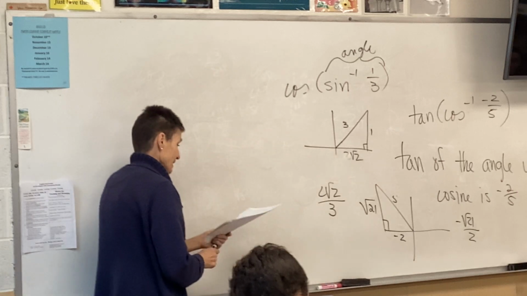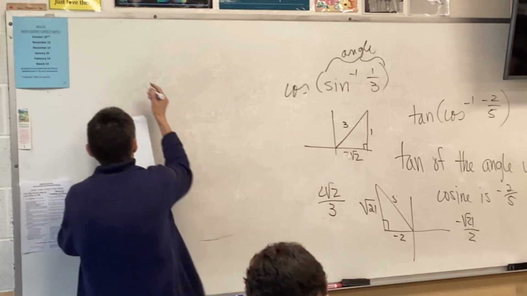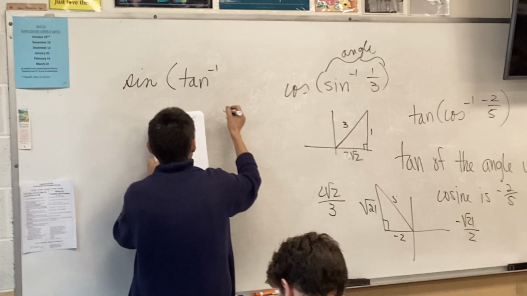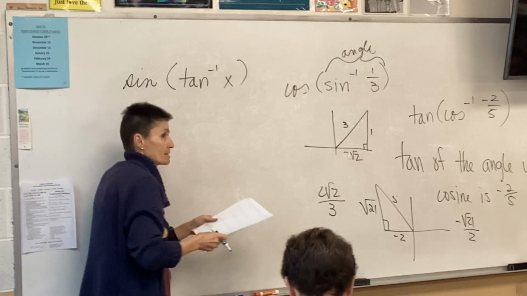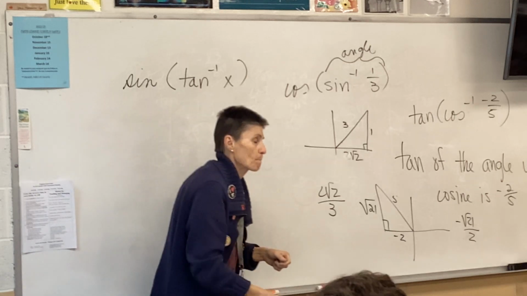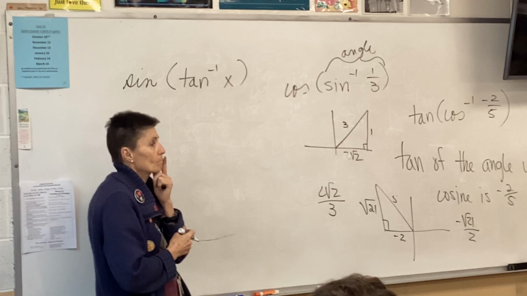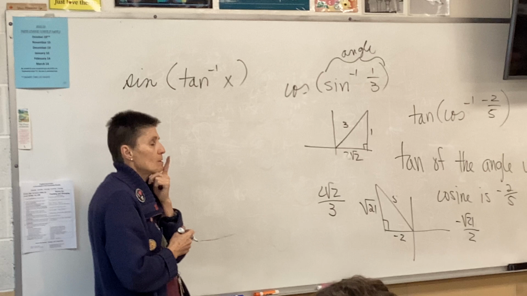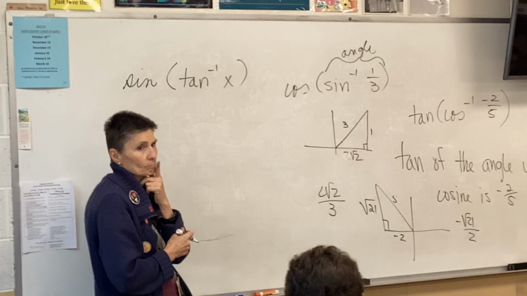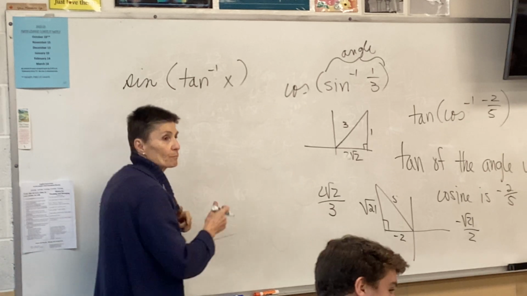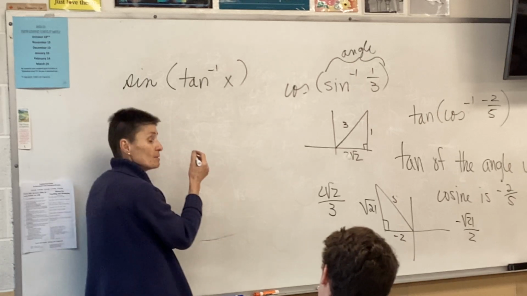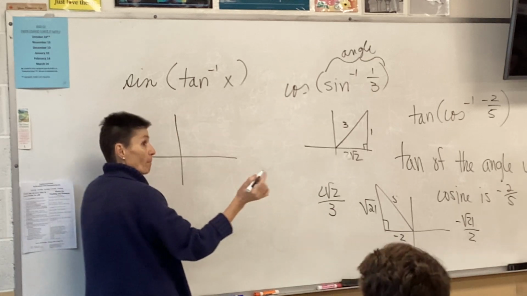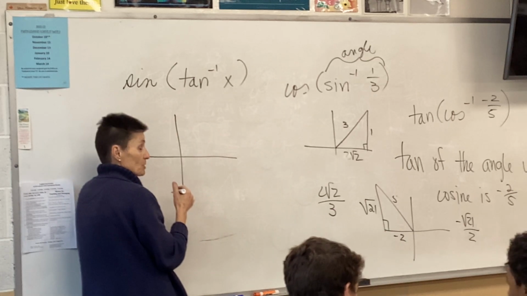Number 7, find an expression for the sine of the angle whose tangent is x. What do you think? It's asking us to write it out how you would say it. You don't need to. I said it. You can write out what I said, but you don't need to. I heard somebody say draw a picture. Absolutely, draw a picture.